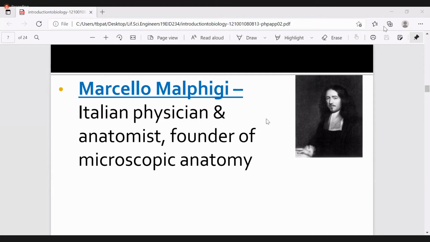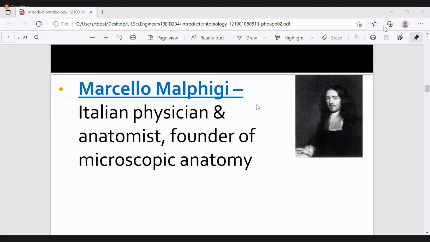Marcello Malpighi is a physician and anatomist who did deep studies through microscopic anatomy. These are non-visible things, like small veins and the number of neurons in our body.